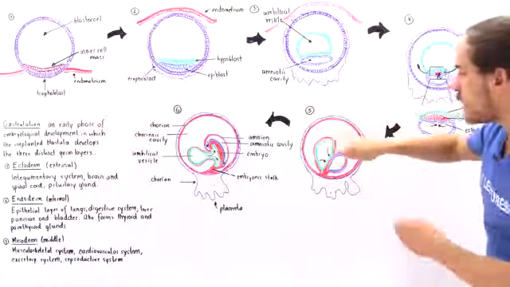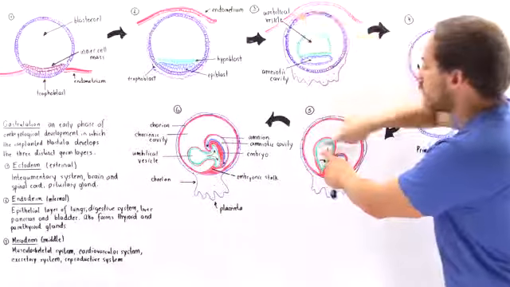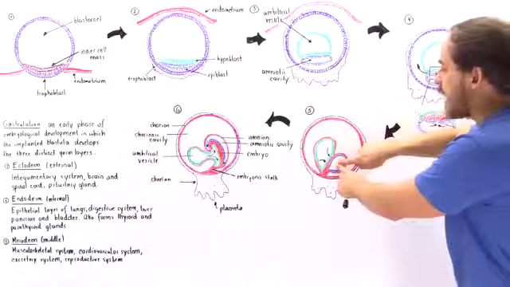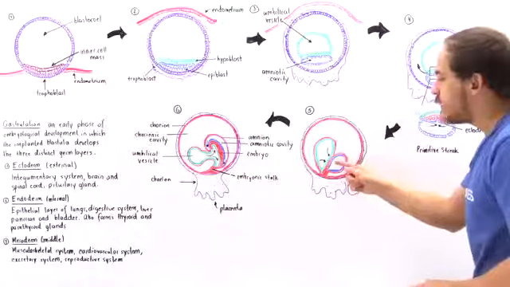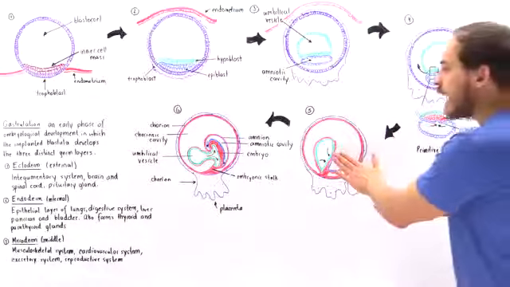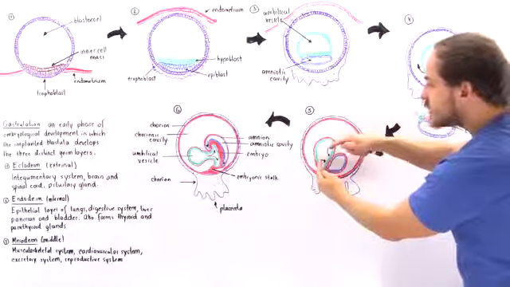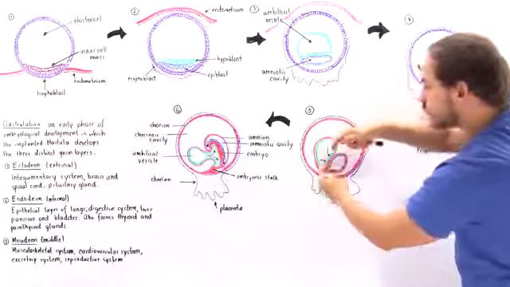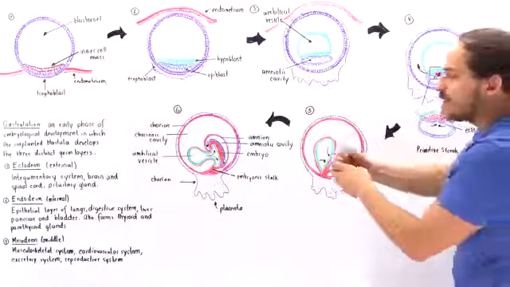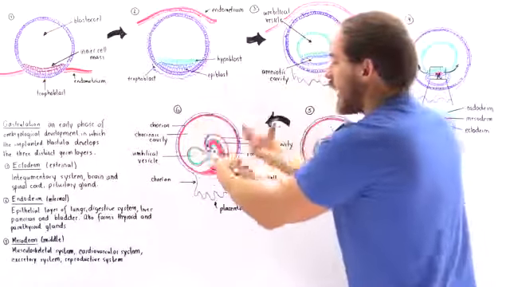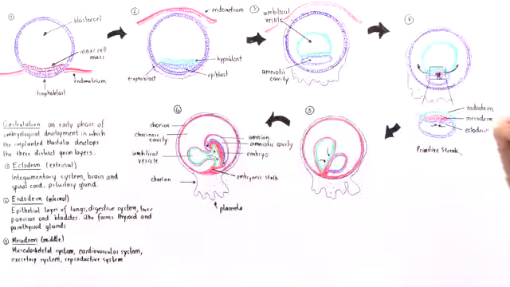So this is basically our umbilical vesicle, and this is basically the amniotic cavity where that fetus will be found. Now, what happens when we go from 5 to 6 is this section basically moves inward. So it pushes this way, and eventually we form an embryo that looks something like this.